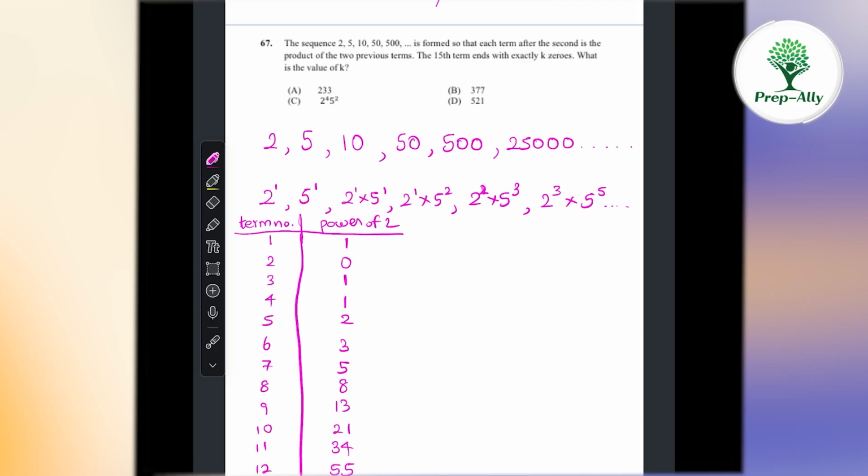So the number of zeros will depend on what power 2 has, and 2 has a power of 233, so the answer is option A, 233.